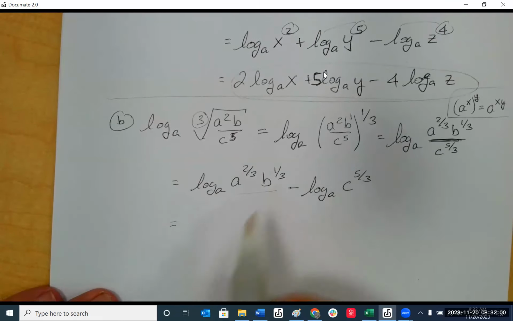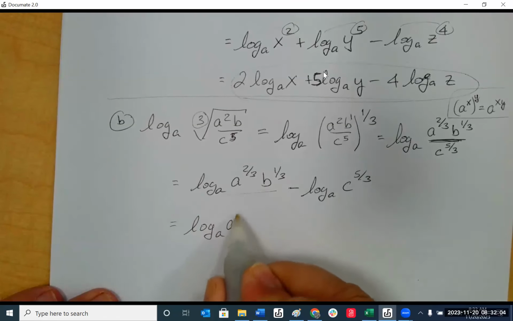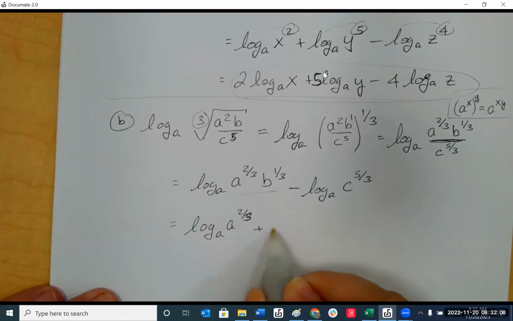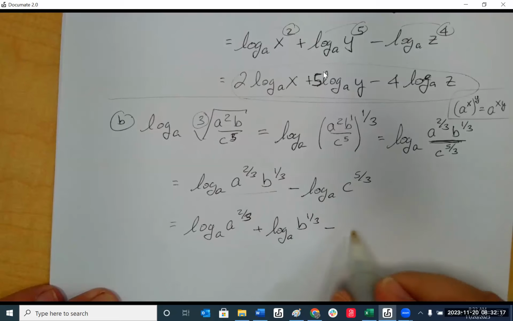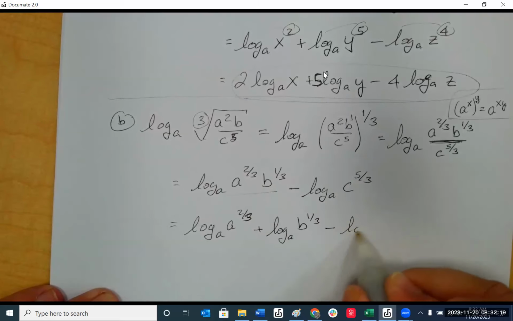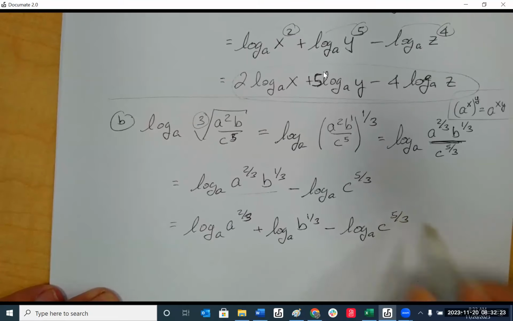This is a product, so I've got to split those up: log base A of A to the 2/3, plus log base A of B to the 1/3, minus log base A of C to the 5/3.